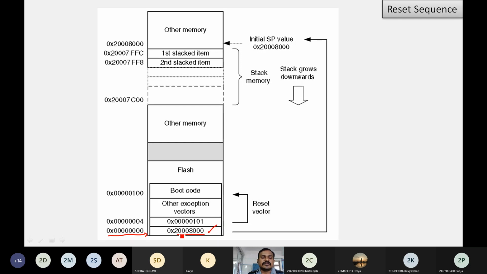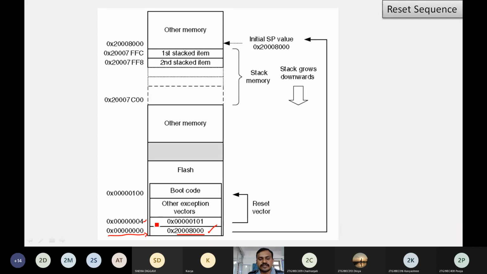Then comes the code, the instruction set for running the operating system. Those will be mentioned in the next address after 0. The next address is 4, because it is 32-bit.